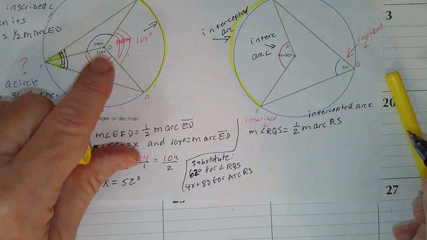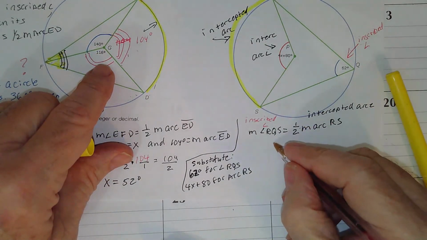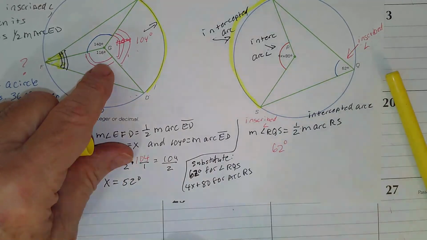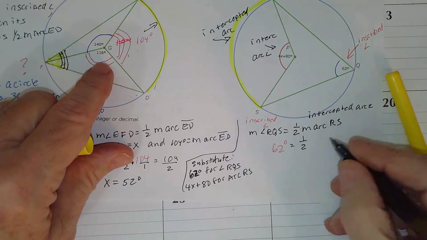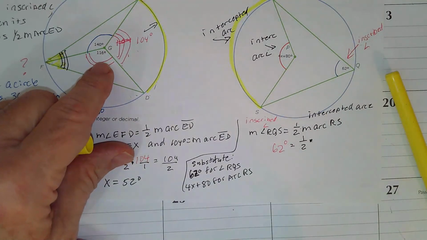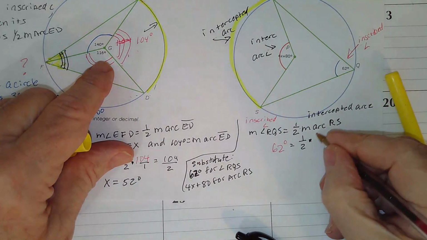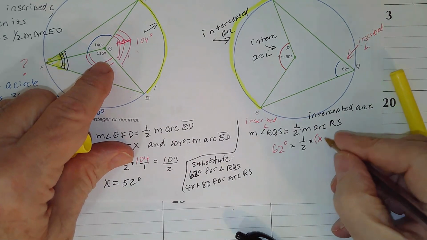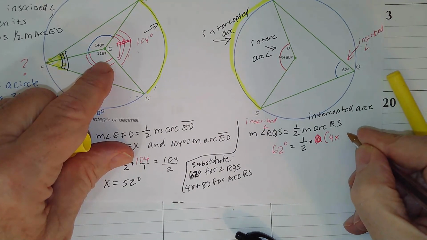Okay. All right, so let's do that. 62 degrees equals 1/2 times, and then the arc, we'll put this in parentheses, it was 4x, so times 4x plus 80.